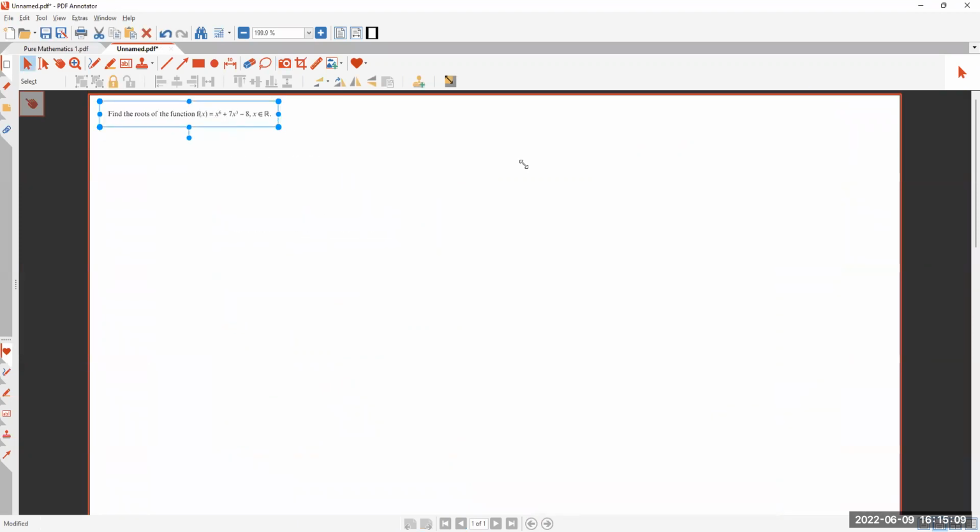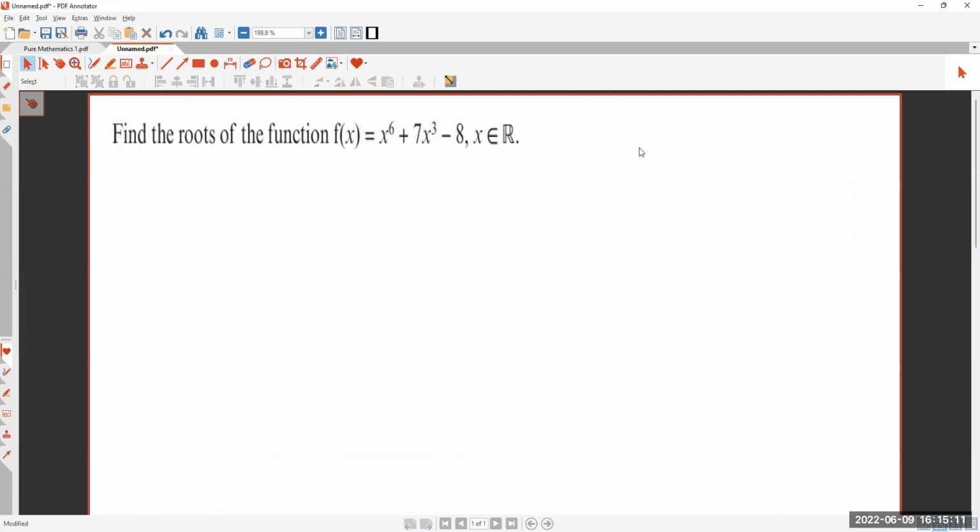Okay, so now what happens is you have x raised to 6. So instead of x raised to 6, can I write x cube whole square? And regarding 7x cube, write it 7x cube only and minus it.